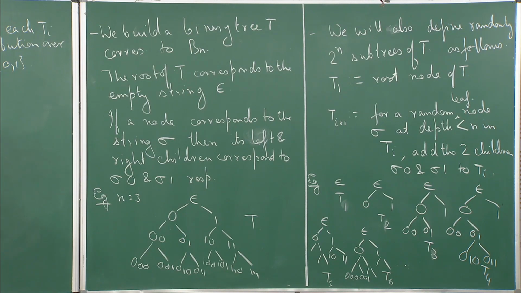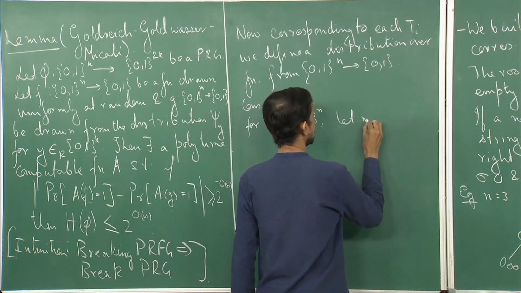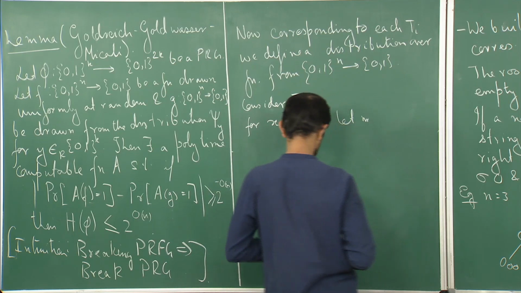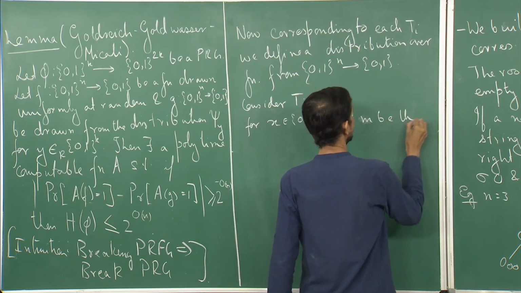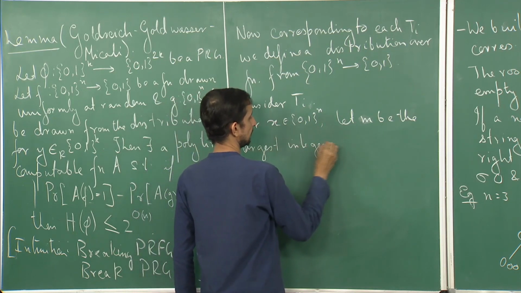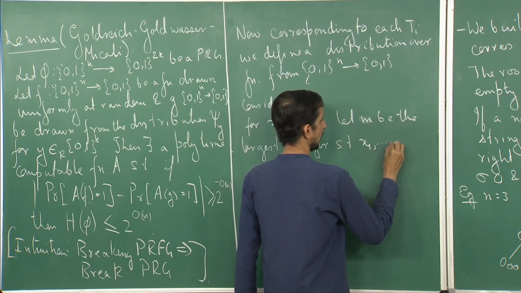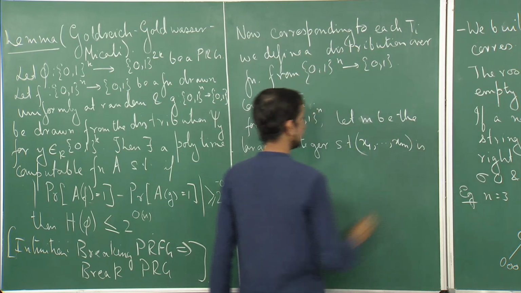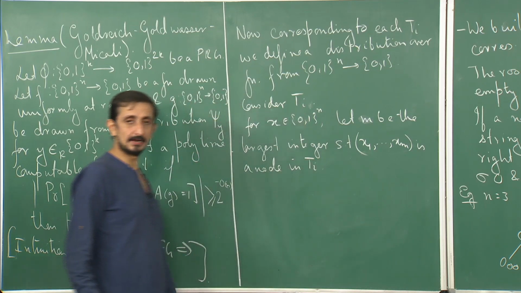So in other words, let m be the largest integer such that x1 up to xm, this string, is a node in Ti. Okay.